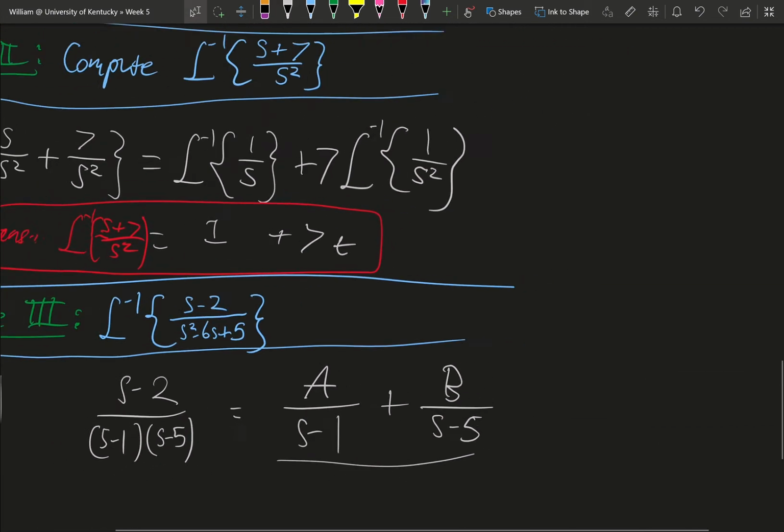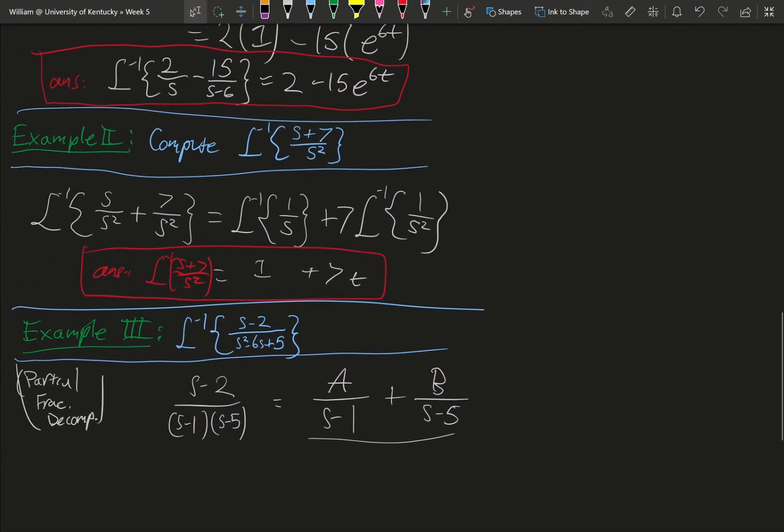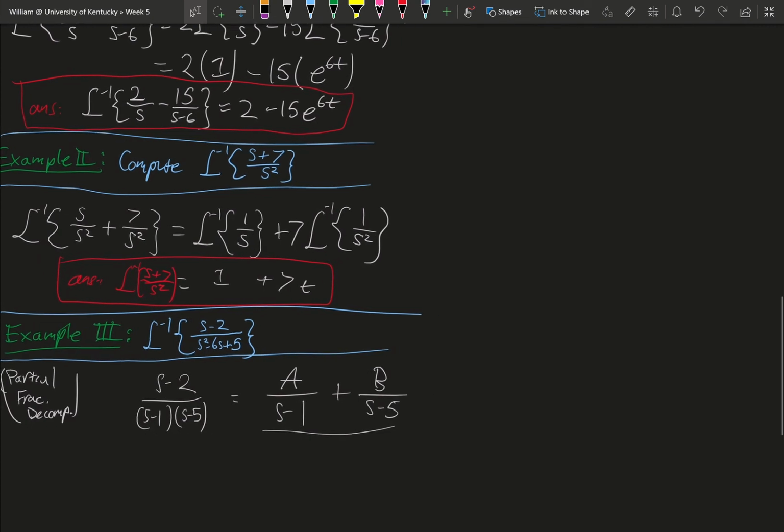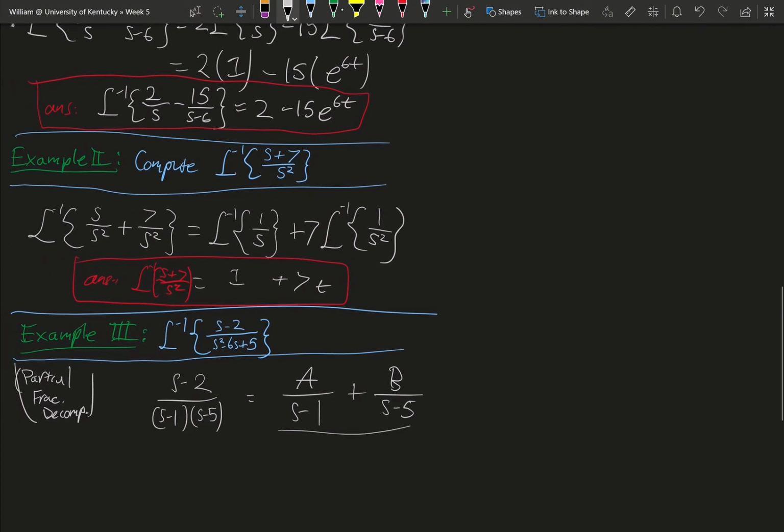And here's sort of how we do this. We're going to take this and multiply through by this denominator.